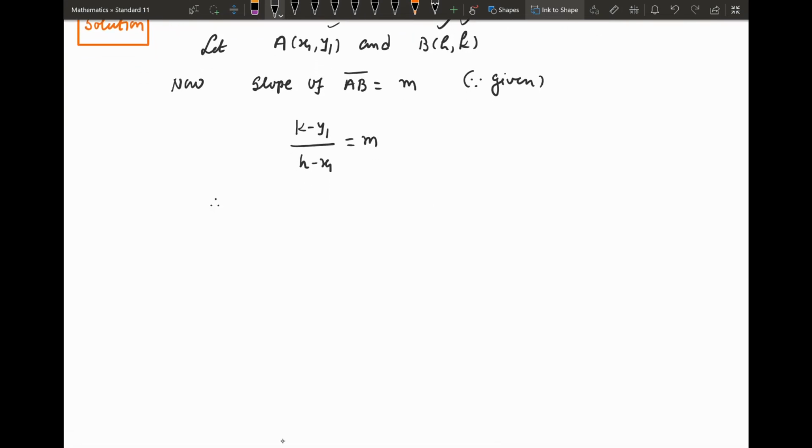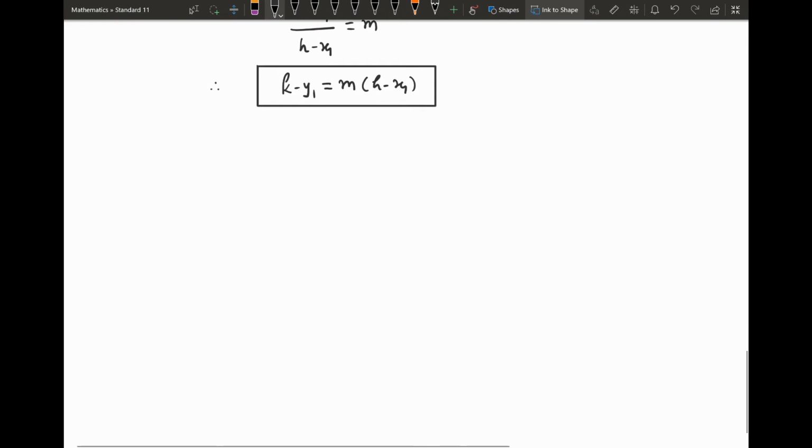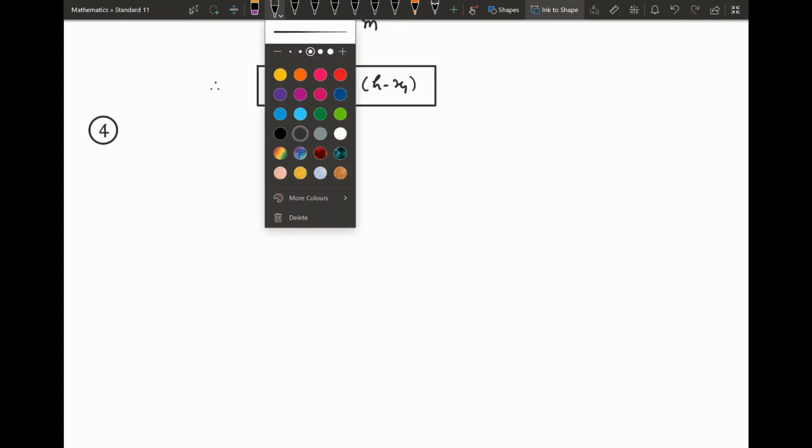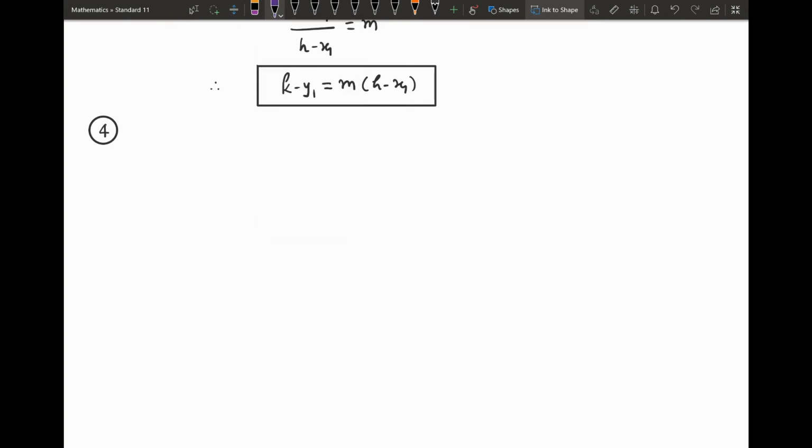Taking cross multiplication, k minus y1 equals m into (h minus x1), which is our required result. So we have simply used the definition of slope for a line passing through two distinct points A (x1, y1) and B (x2, y2), which is y2 minus y1 upon x2 minus x1.